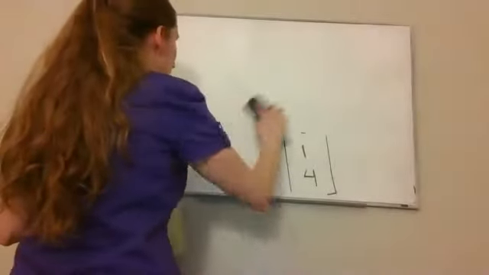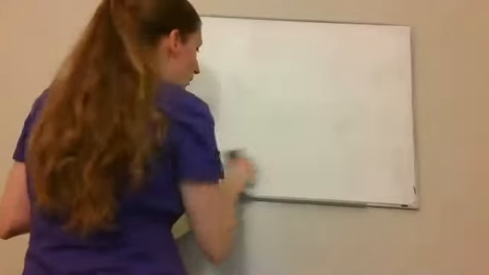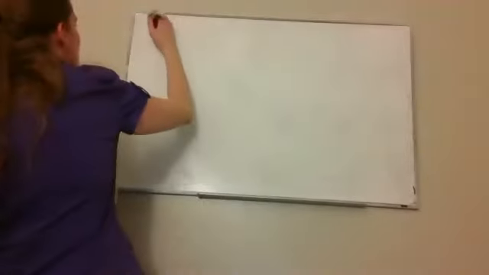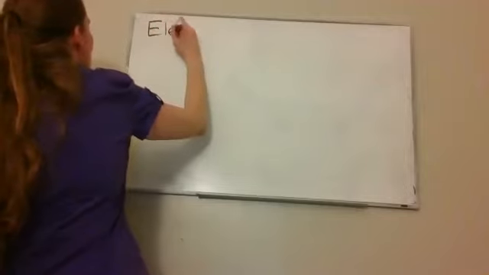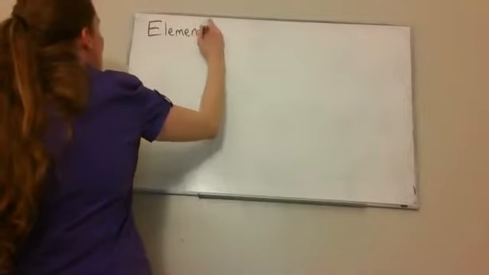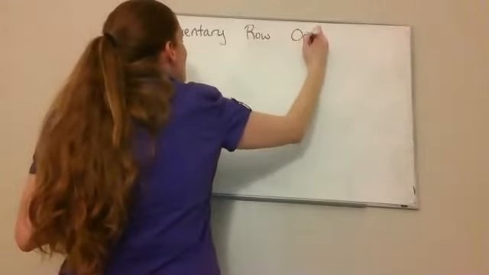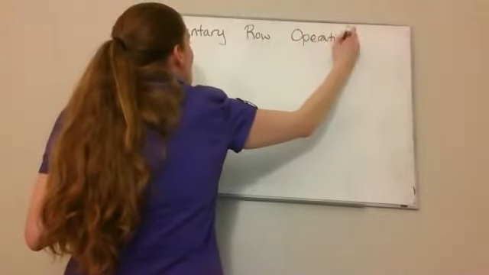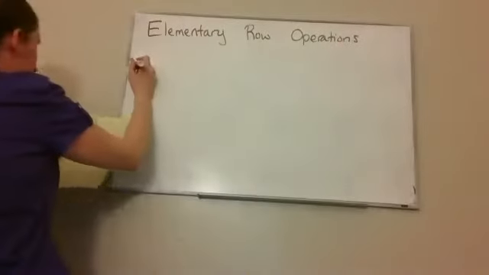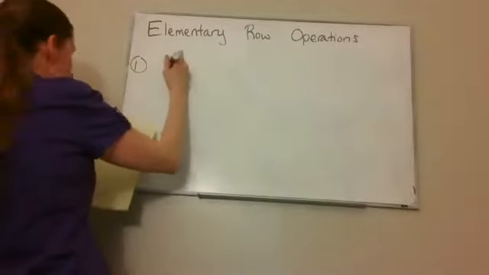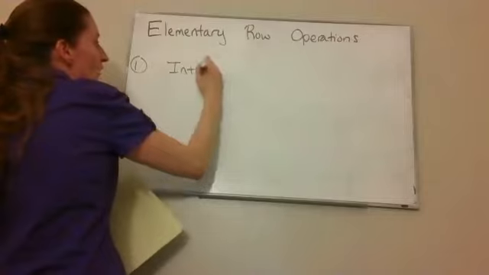So we need to learn what are called elementary row operations for matrices. The first elementary row operation is interchanging two rows.